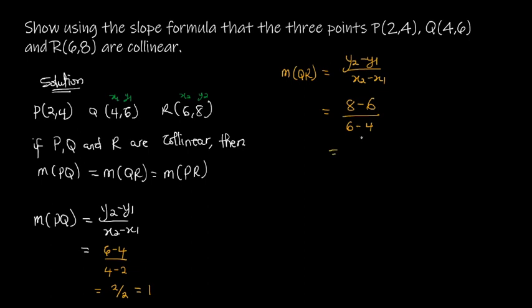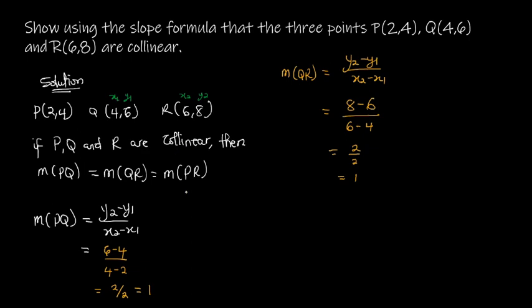So 8 minus 6 will give me 2, 6 minus 4 will also give me 2, and this is equal to 1. So already we can see that the gradient of PQ and the gradient of QR are the same.